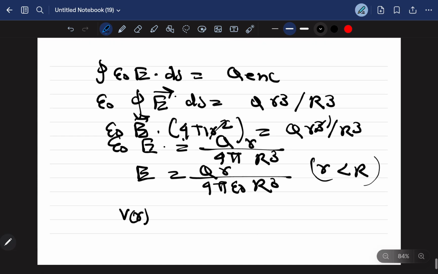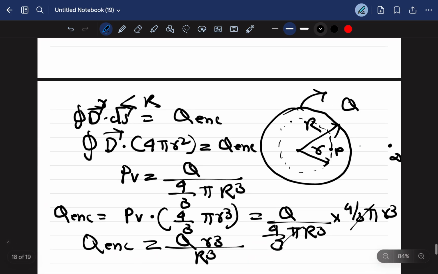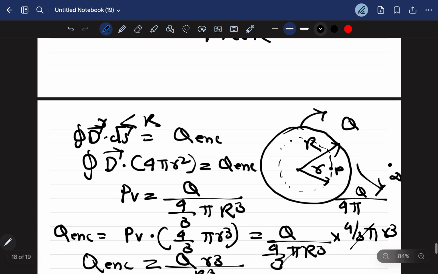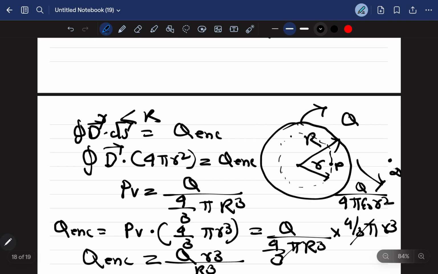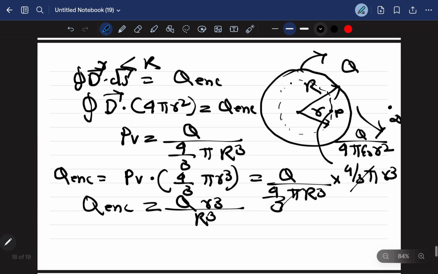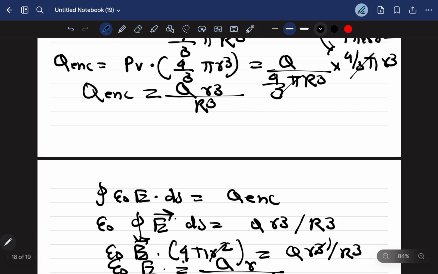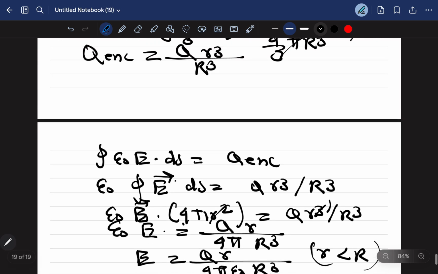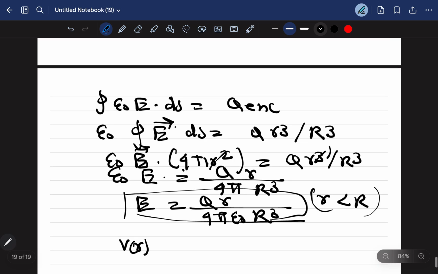So we know the electric field outside of the sphere is Q divided by 4 pi epsilon naught into r square, right? That is the electric field outside the sphere, and inside the sphere the value is Q into r divided by 4 pi epsilon naught into R cube.